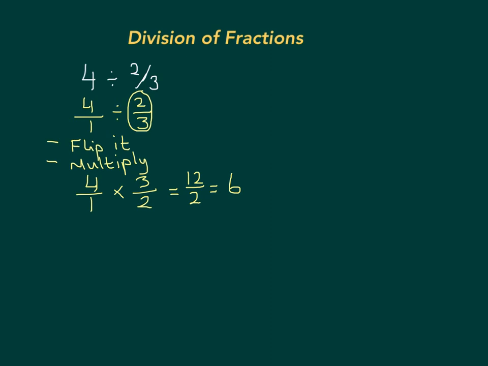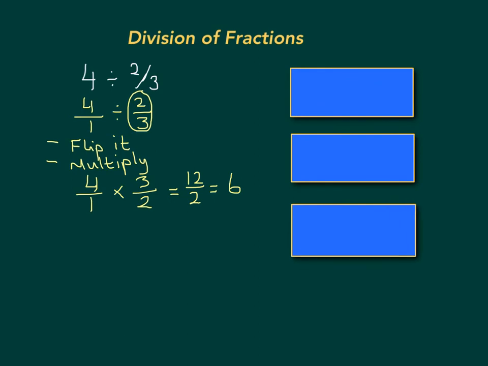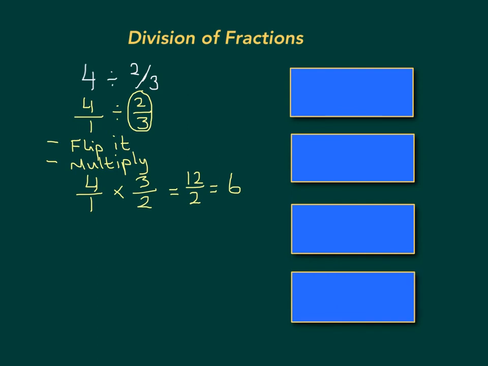So let's use blue. So we have 4 wholes. 1, 2, 3, and 4. Now we want to split them into thirds.